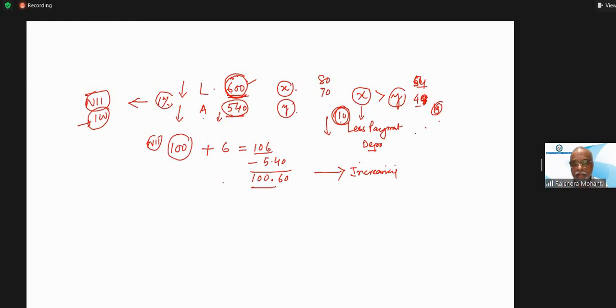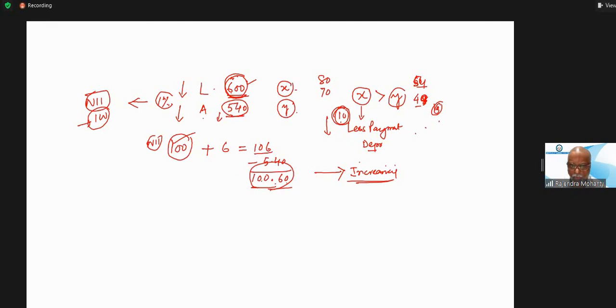Clear? Yes, sir. Suppose this is the case, then definitely this is the amount of increase or decrease. So our NII was 100, now NII becomes 100.60. So it is increasing. Clear, a simple logic I have applied.